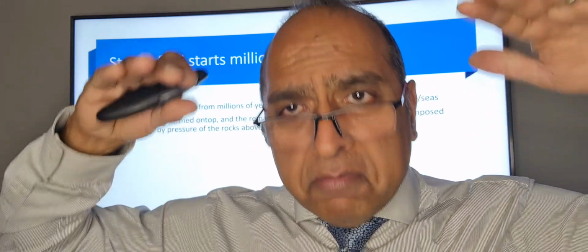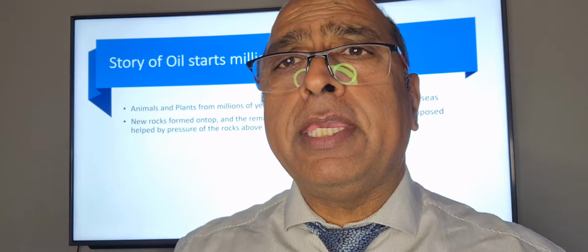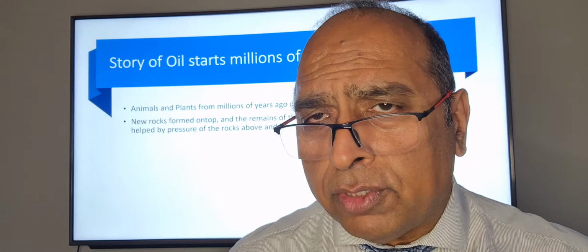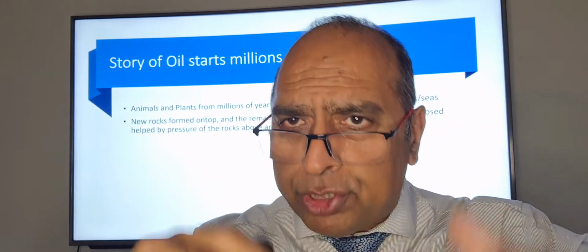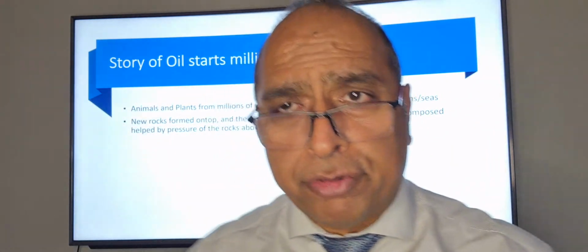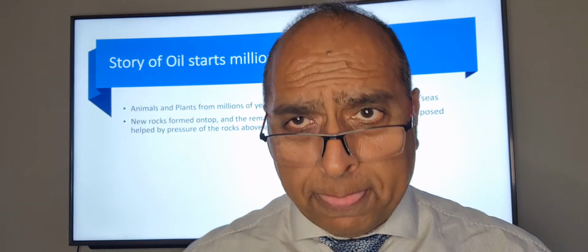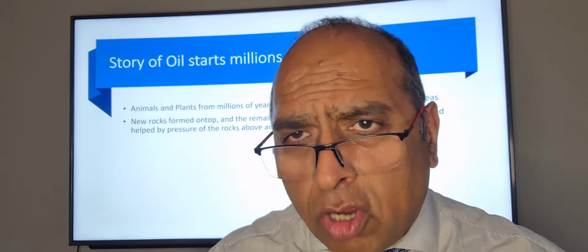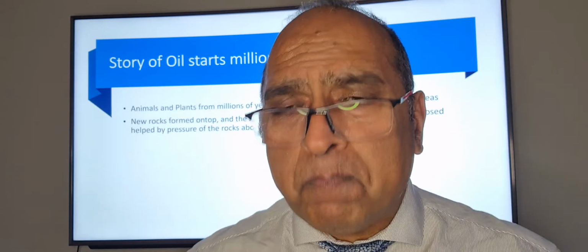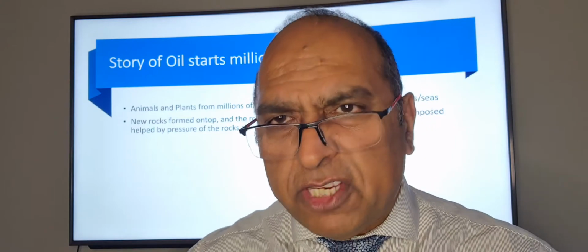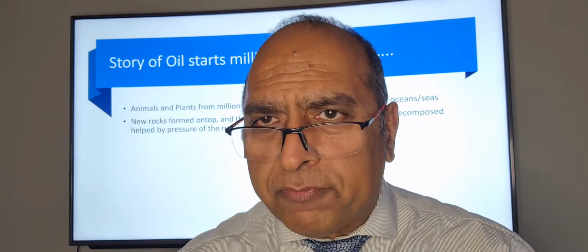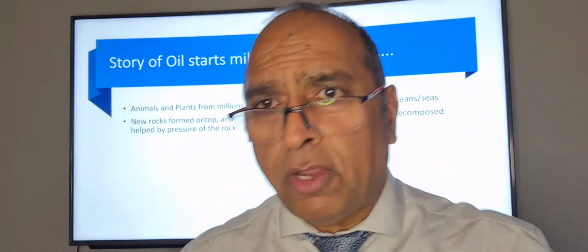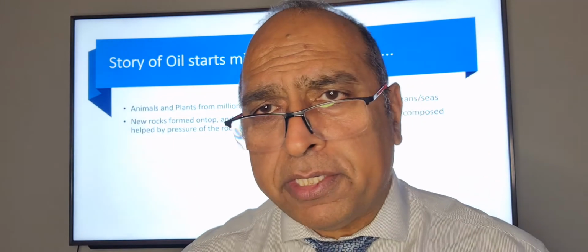The new rock pressurizes the remains, and as they get pushed further down the Earth's crust, they get closer to the mantle of the Earth, which is hot. The heat from the Earth's mantle warms up these remains. And the warmth of the Earth speeds up this decomposition. The pressure of the rocks on top speeds up the decomposition.